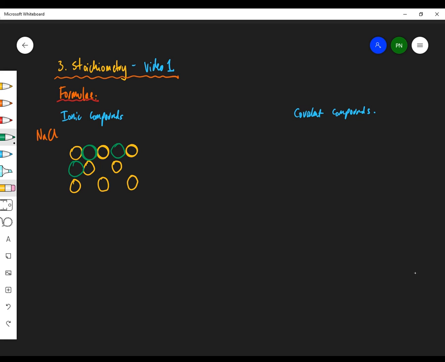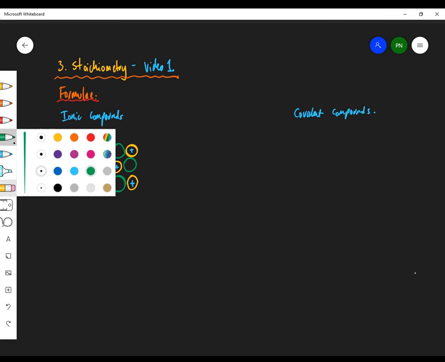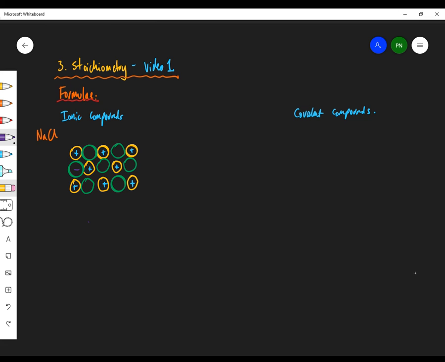Let's say these yellow circles are the sodium ions, and let's have a nice purple for the other. It doesn't come out very well, but these are the chloride ions.